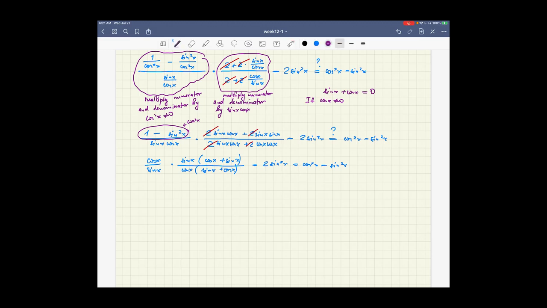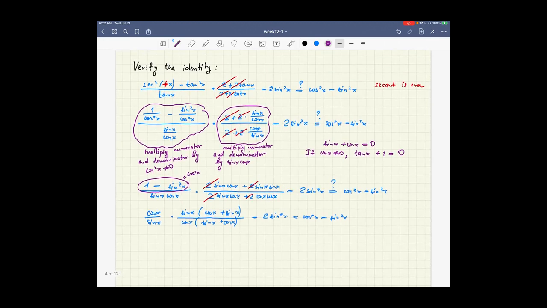If cosine is not 0, dividing by cosine in this equation, we get sine over cosine, which is tangent. Cosine over cosine is 1. We get tangent x plus 1 equals 0. So tangent equals negative 1.